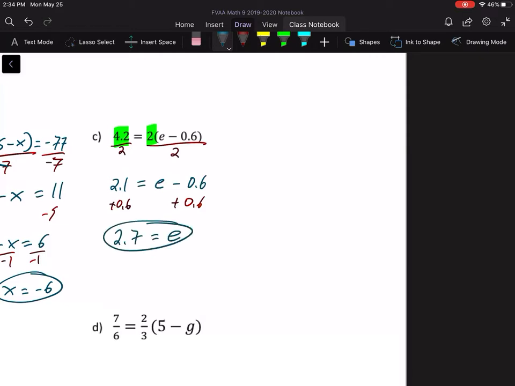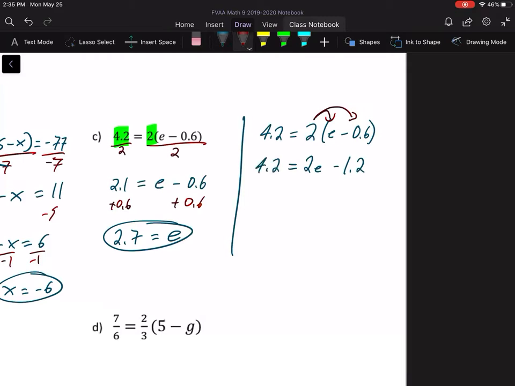All right. If you want to see the other distributive property, we can do it real quick here. 4.2 is equal to 2e minus 0.6. Here I distribute the 2 into both positions, so that would give me 2e, and then 2 times negative 0.6 would give me negative 1.2 is equal to 4.2, and then plus 1.2 on both sides would give me 5.4 is equal to 2e.